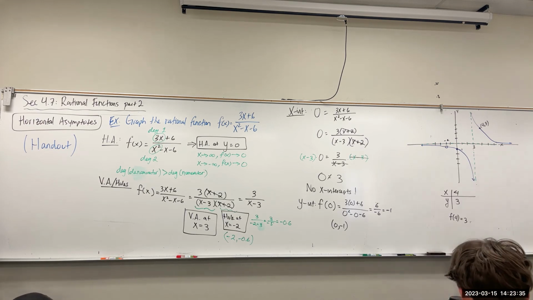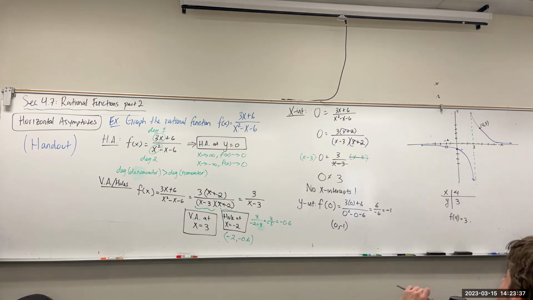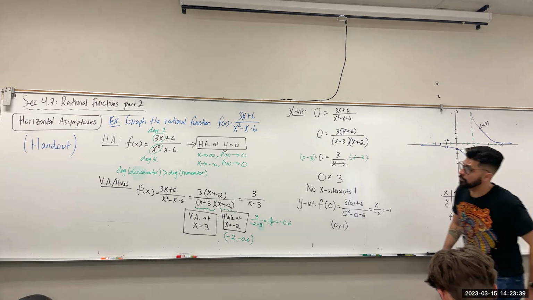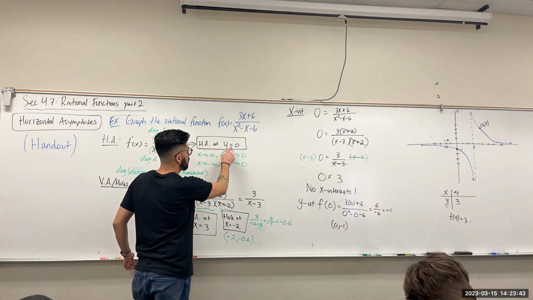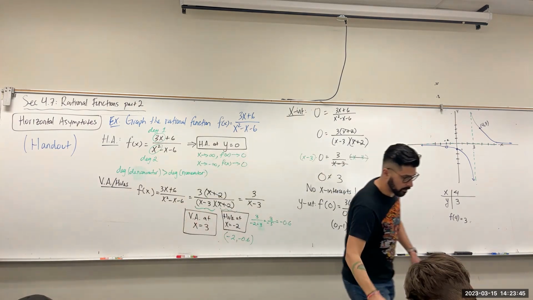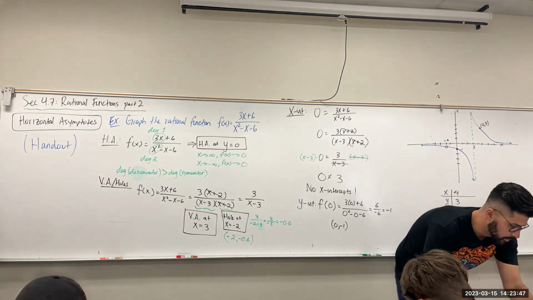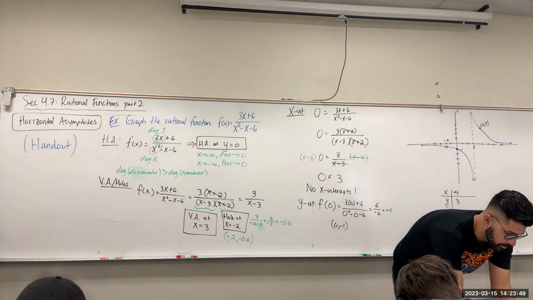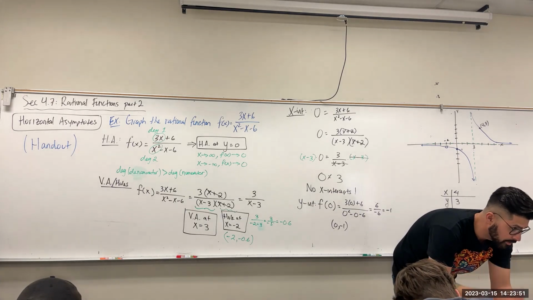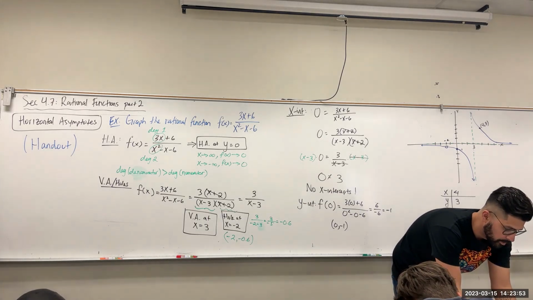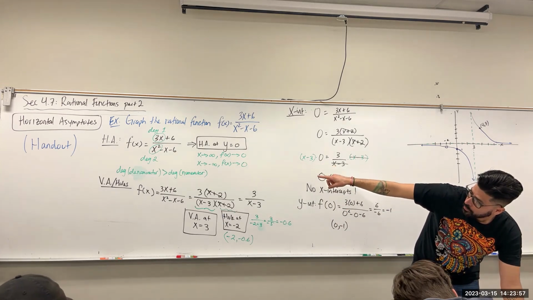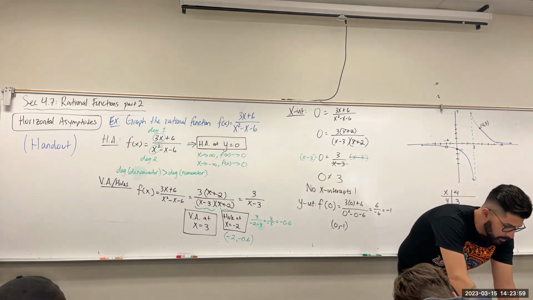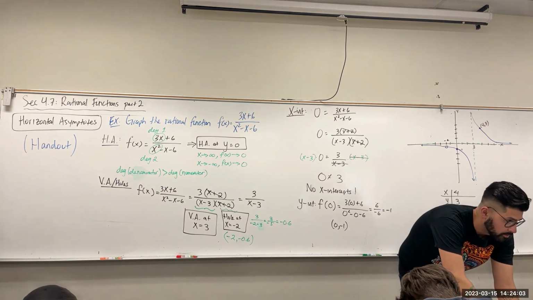Did you guys see it? In the back here, we're using this to determine which case we have, to see where the horizontal asymptote is. Because the degree of the top was 1 and the degree of the bottom was bigger, we got that the degree of the denominator was bigger than the degree of the numerator.